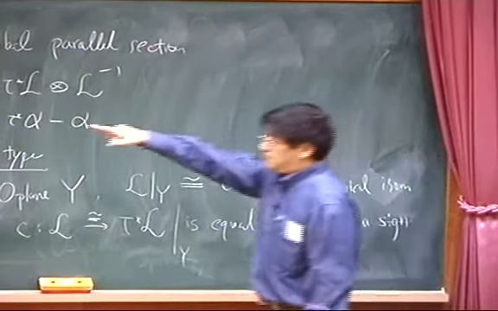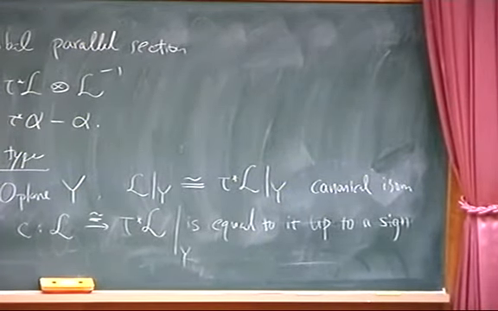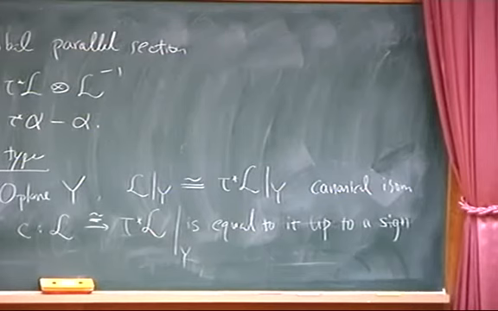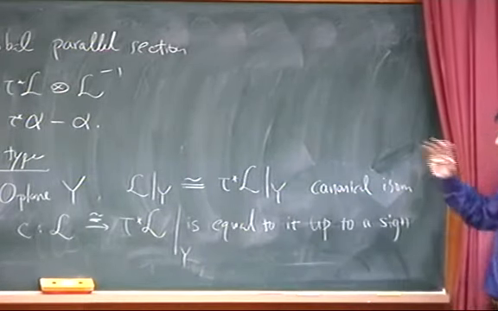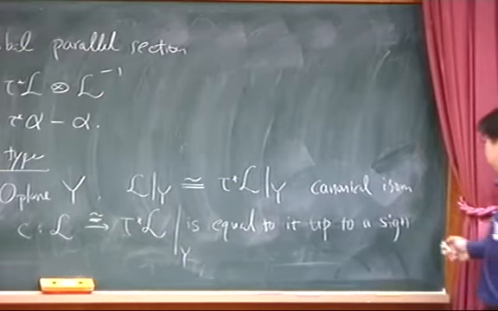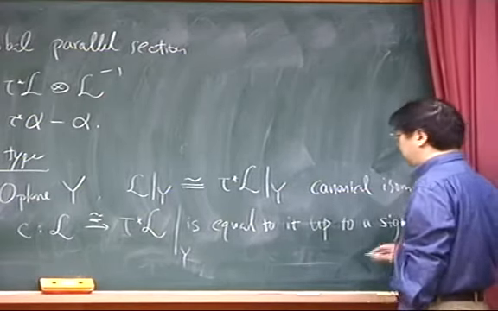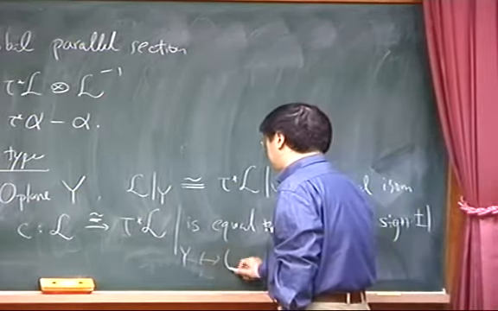If you use this, then at the fixed point set, C squared is equal to 1, so C equals plus or minus 1. And this corresponds to the O-plane type.